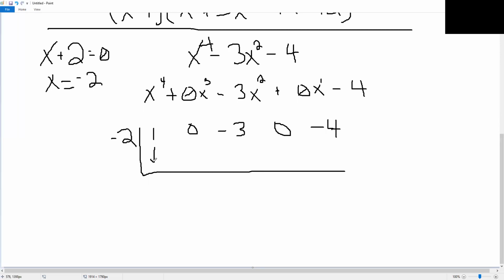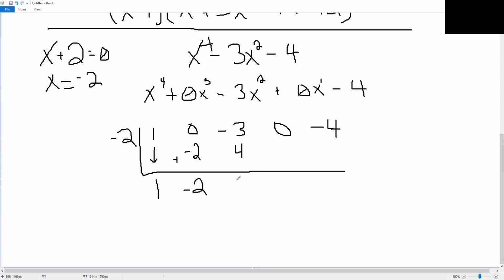We drop down our 1 and we begin multiplying. -2 times 1 is -2. And if you add this, 0 minus 2 is just -2. -2 times -2 is actually +4.